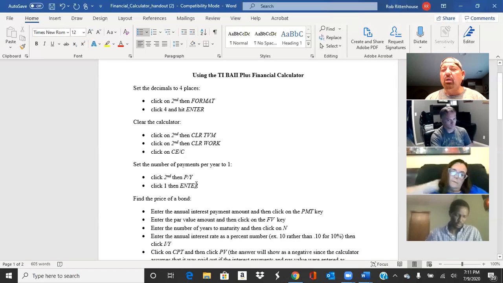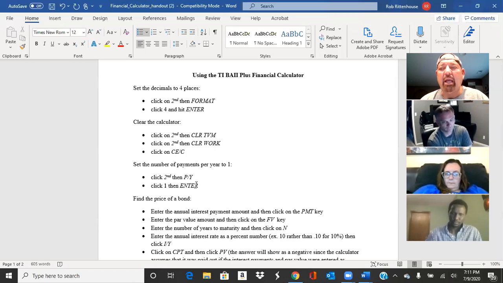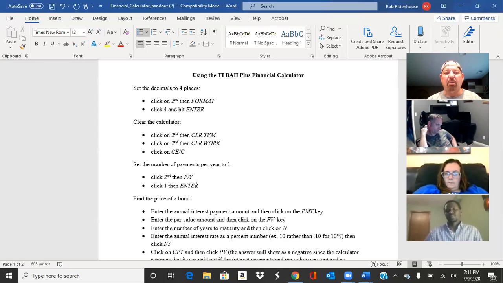Let me say this, on the test, I'm always going to assume annual payments, always. Now Aplia doesn't do that in the Aplia homework, and I am going to show you how to do monthly payments or something like that rather than annual payments.